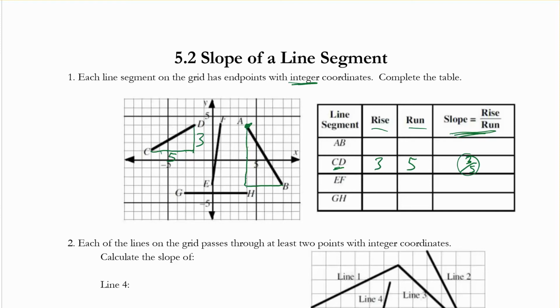If I'm counting down 7, that means this is going to be negative 7. It goes negative 7 down. And then it's going to be 1, 2, 3, 4 over. So then that'd be negative 7 over 4. So if we're doing A, B, that would be a rise of negative 7, a run of 4, and then our slope would be negative 7 over 4.